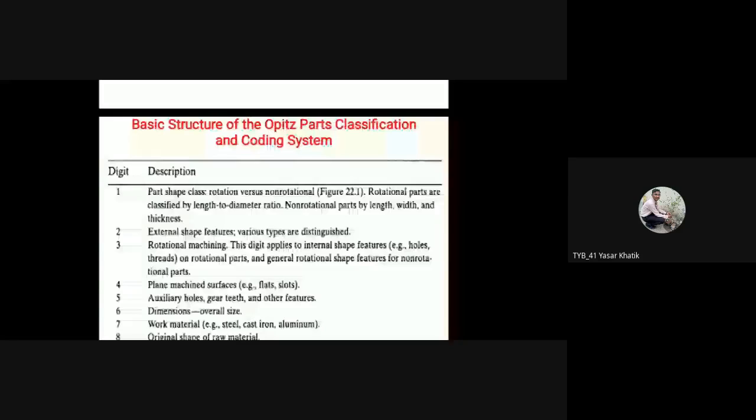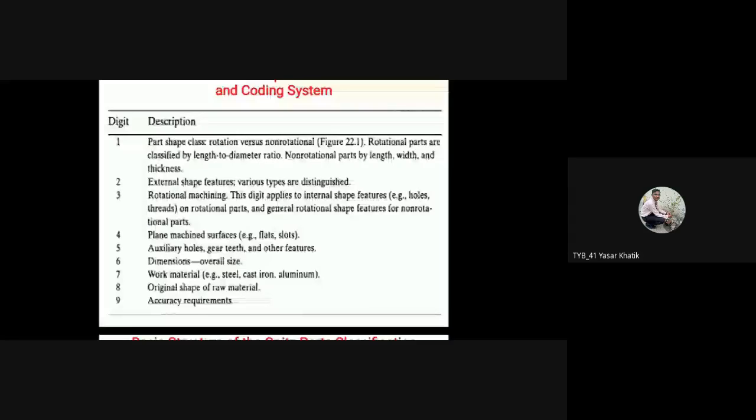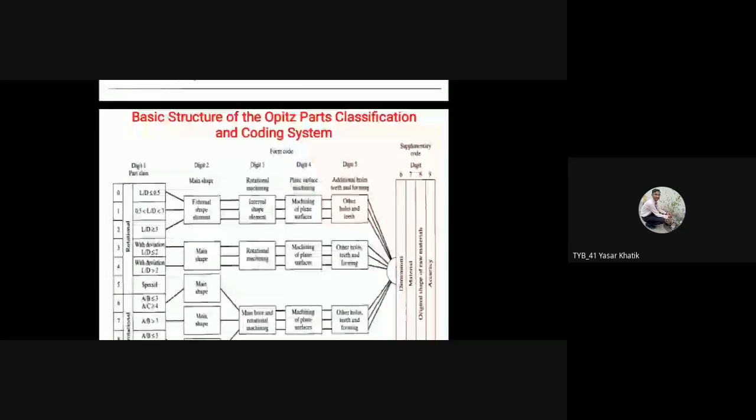Digit 1, digit 2: digit 1 indicates the length and diameter ratio. Like this, we have seen the different digit descriptions. So this is the structure of the Opitz system for classification and codification.